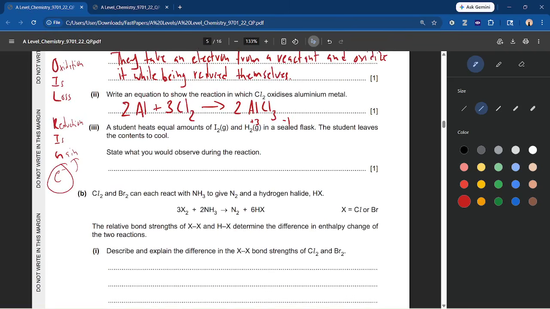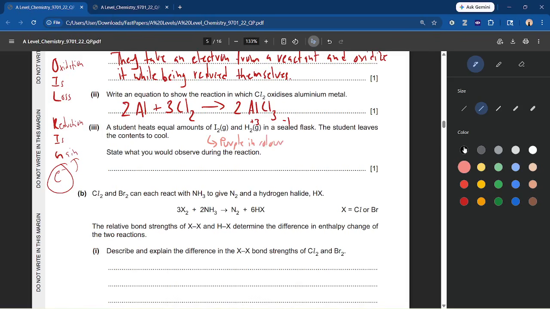A student heats equal amounts of iodine and hydrogen in a sealed flask. The student leaves the contents to cool. State what you would observe during the reaction. So iodine is, we don't really have purple here, so let's do this. So iodine is purple in color.